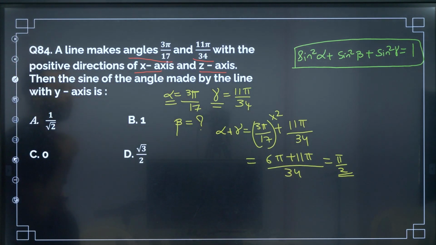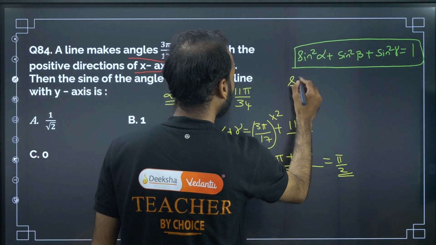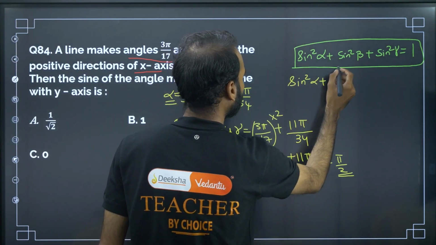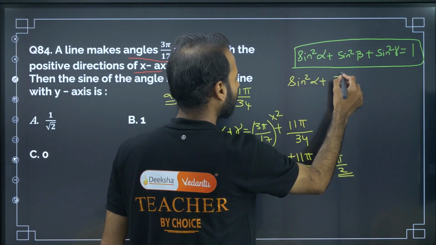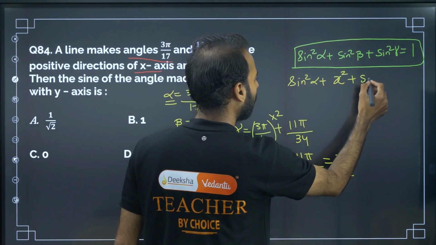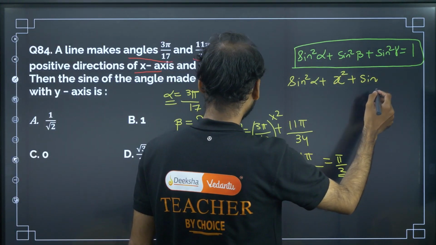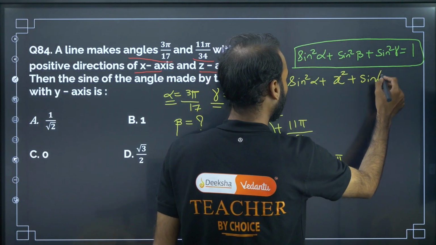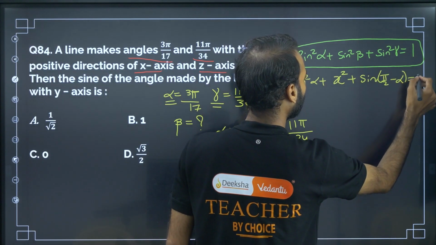What can we write here? So let me consider that equation, sin square alpha plus this sin square beta. For a moment let me name that as x square plus sin square gamma. In place of gamma, pi by 2 minus alpha is equal to 1.